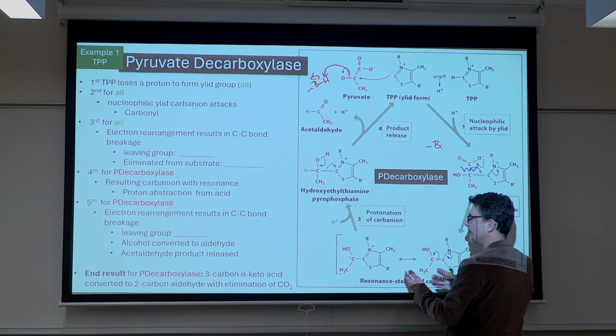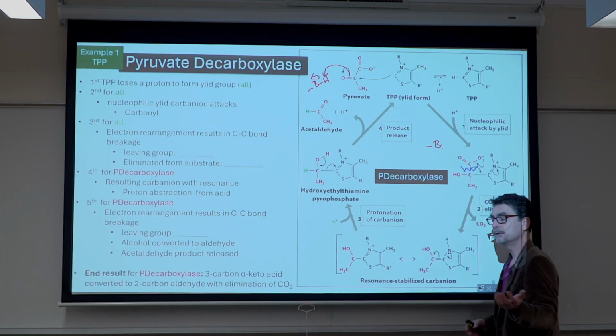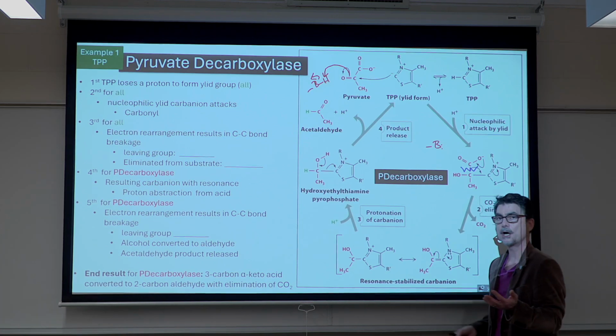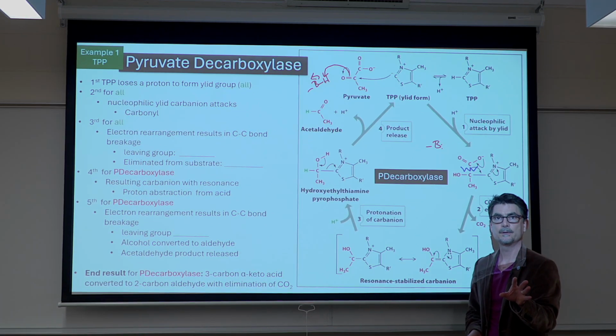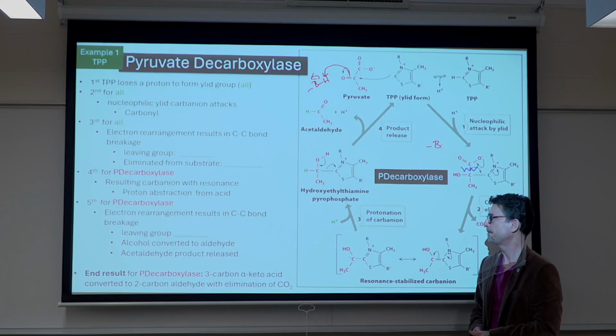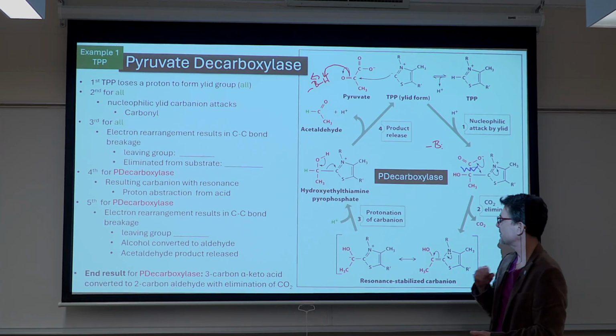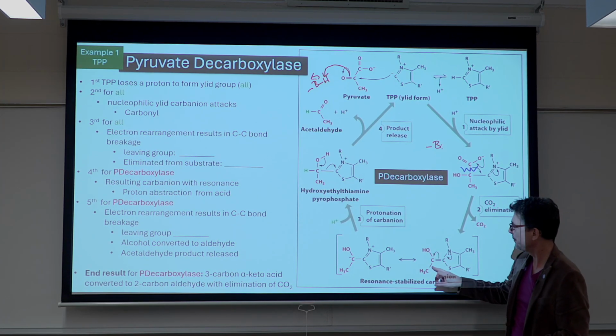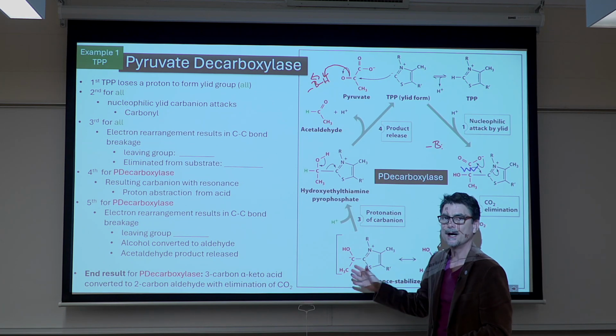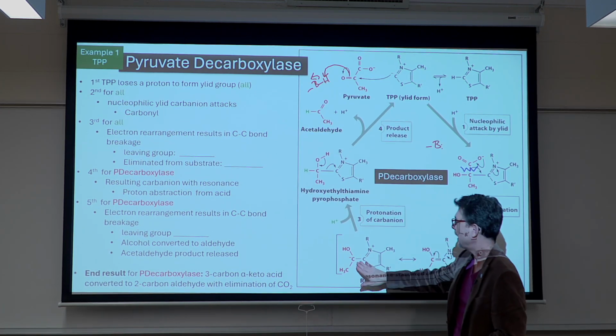Now, this right here is a common feature: resonance stabilized carbanion, a common feature of TPP containing enzymes. In this particular case, what does this need to become? This needs to become acetaldehyde.